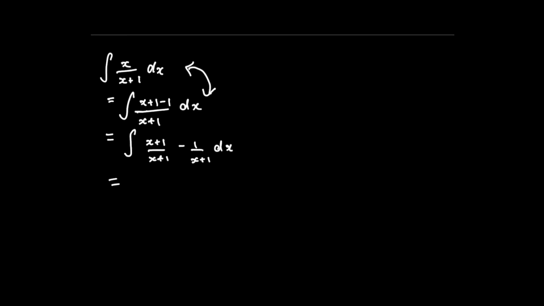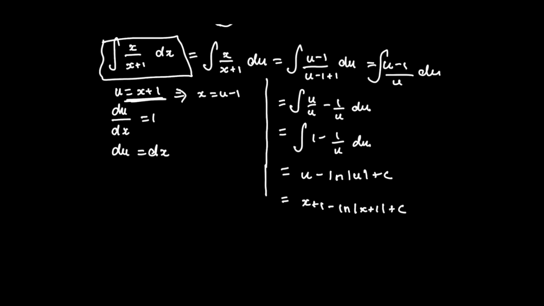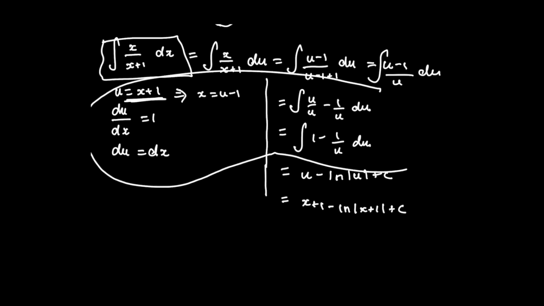So this would be equal to the integral of 1 minus 1 by x plus 1 dx. As you can see, we achieved this in roughly 2 steps, whereas when using the full version, we took so many steps to arrive back here.